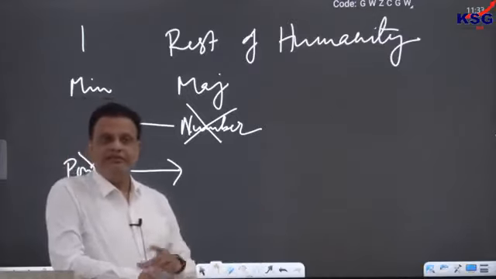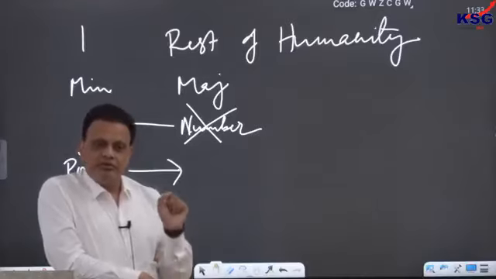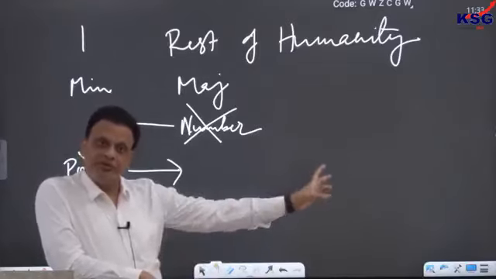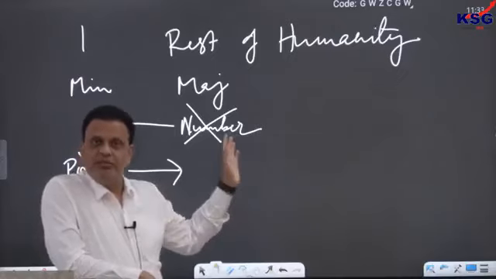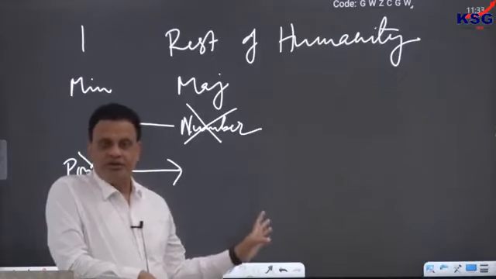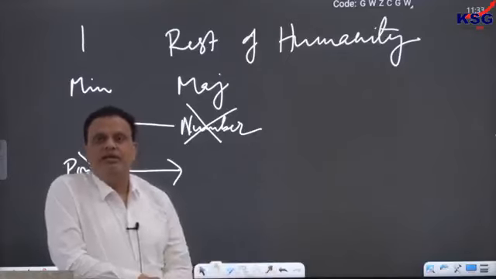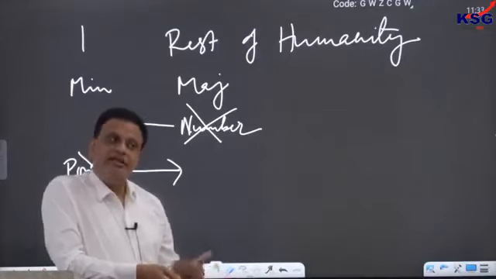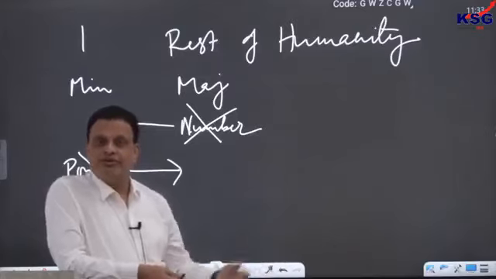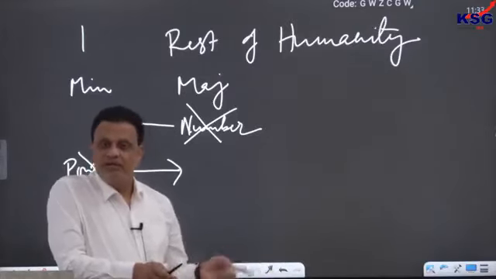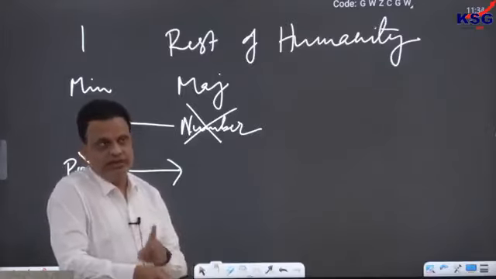In Bentham's theory, as we had seen, the most important thing was the number, greatest happiness for greatest number. Number was very important in Bentham's theory, but now Mill is saying that no, number is no longer important. So it may appear that, by rejecting the idea of number, he has gone against his own guru, his own mentor, Jeremy Bentham. But Mill did not think so. Why? That is what we will talk about next.